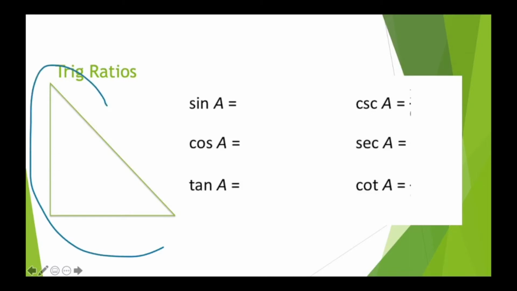sides of the triangle and angles of the triangle, we're going to give those letters. So we're going to start with A, we're going to go to B, and then we're going to use C. And this one is your right angle. These sides of the triangle are your legs.